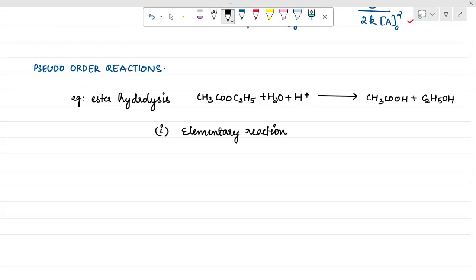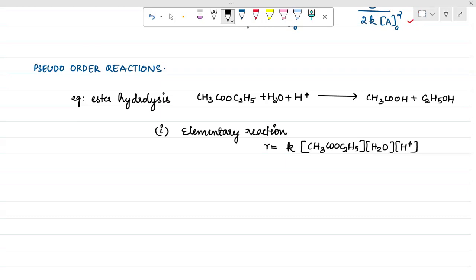How do you write it? Experimental rate is equal to rate constant into concentration of reactants raised to their stoichiometry. So this is going to be concentration of the ester into concentration of water into concentration of H plus. This is going to be the expression of the rate corresponding to the elementary reaction.